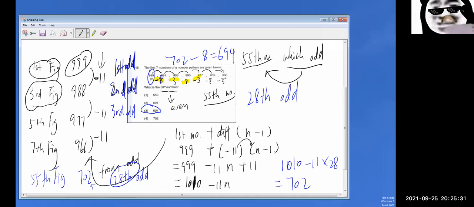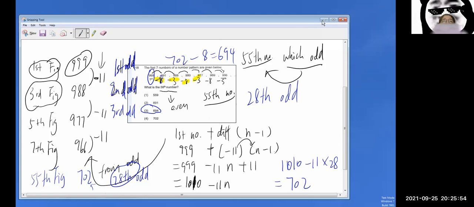So this is also a very likely candidate for your PSLE, because generally they are not going to give you a simple one. And if they give you a straightforward one, of course everybody will score. So this is the first type of number pattern.